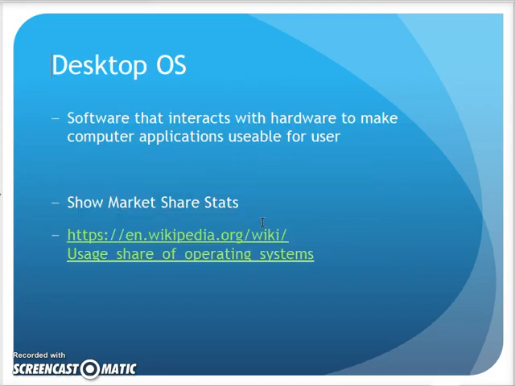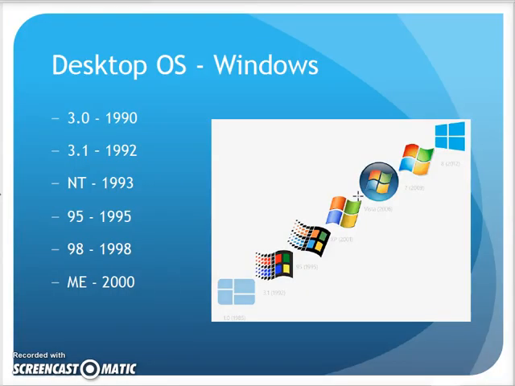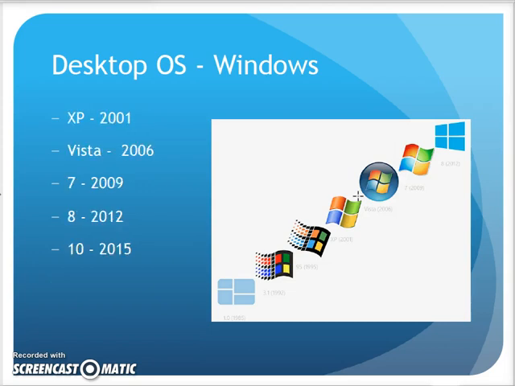Super quickly, let's get our head wrapped around this. Our desktop OSs are the ones we know. These are the ones we interact with. The job of that software is to interact between you, the user, and the hardware that's sitting on your desk. Desktop operating systems are things like your Windows operating system, starting way back at 3.0, 95, 98, ME, XP, Vista, 7, 8, 10.